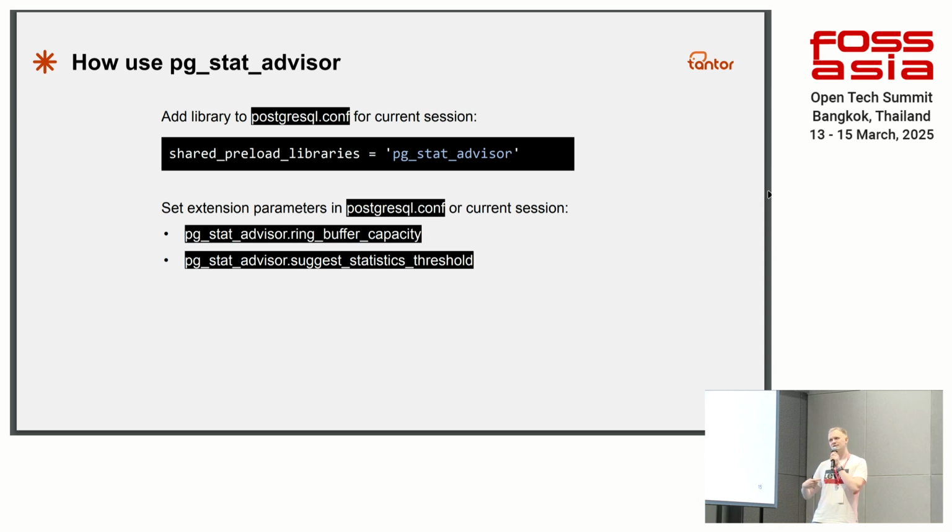If your instance is running and you would like to increase or decrease the capacity, you have to restart your instance, because in this extension you allocate memory, and after restarting it is allocated again.